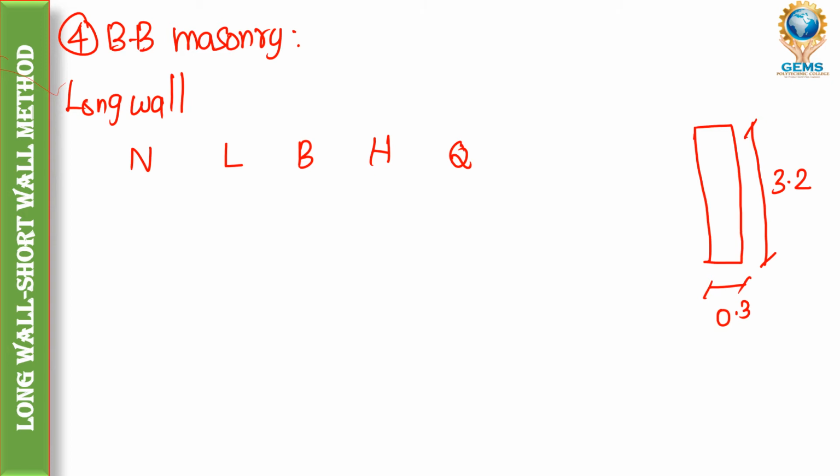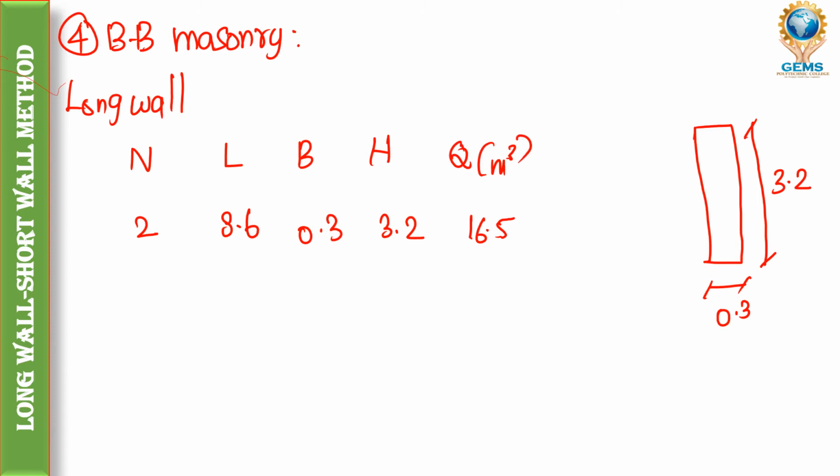Then length, how will you find? L1 plus 0.3. Okay, 0.3 is width of an item. So what will we get? L1 is 8.3. So 8.3 plus 0.3, it will come to 8.6. Then breadth is 0.3. Then height is 3.2. By multiplying we will get the quantity. Quantity is 16.5 meter cube. Quantity will be in meter cube.